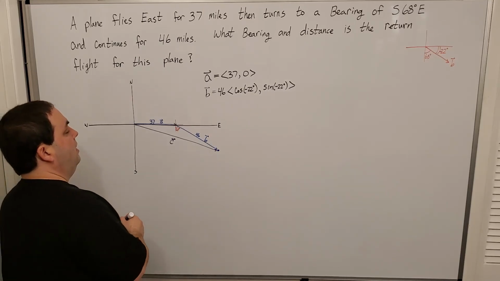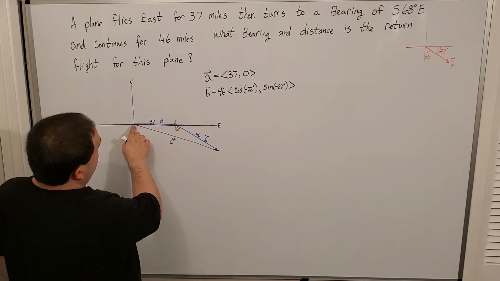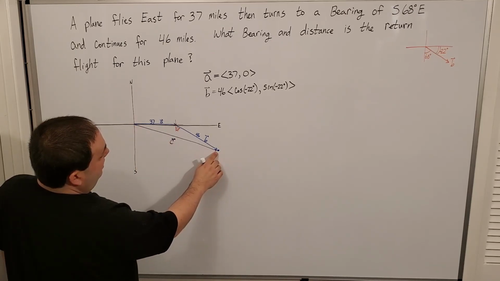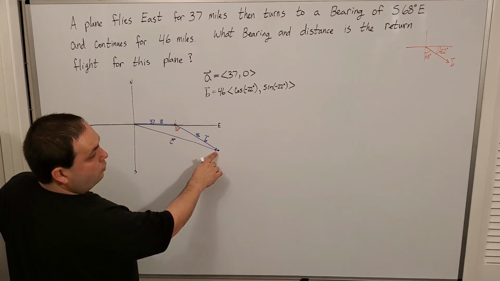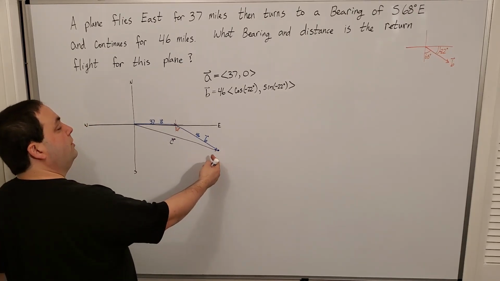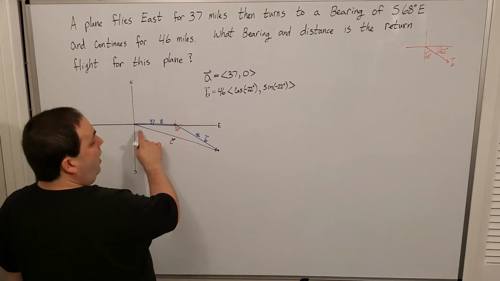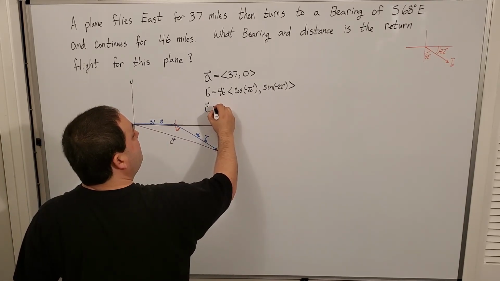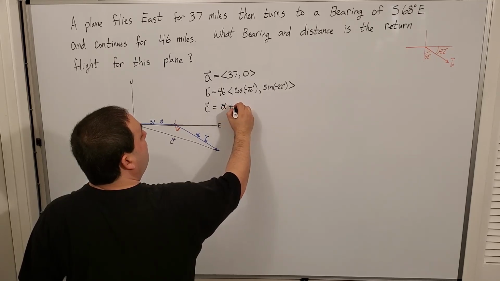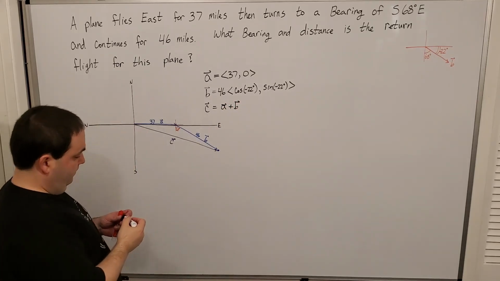And then I can say that since this is the same beginning to the same ending, notice I pointed vector C in the direction to the ending point here. I know that that's not the return trip direction, but the way I've pointed C, I can say that vector C is equal to vector A plus vector B, right?